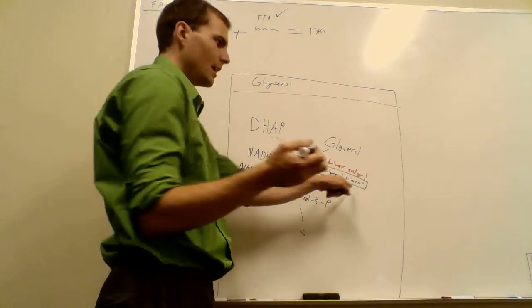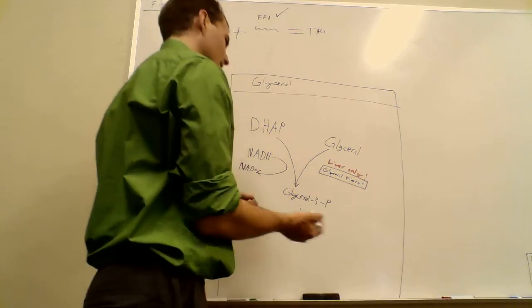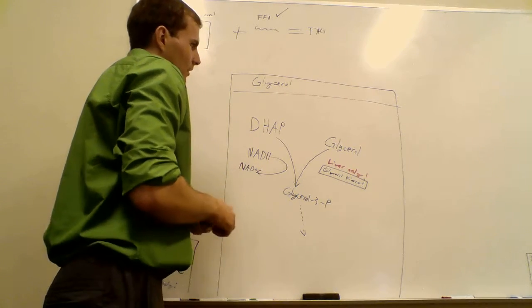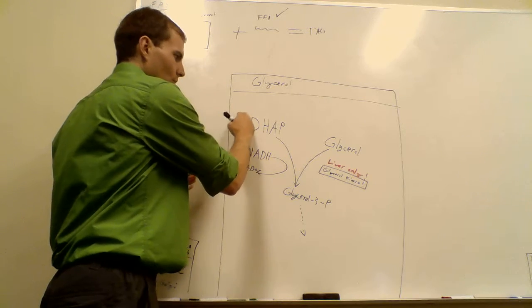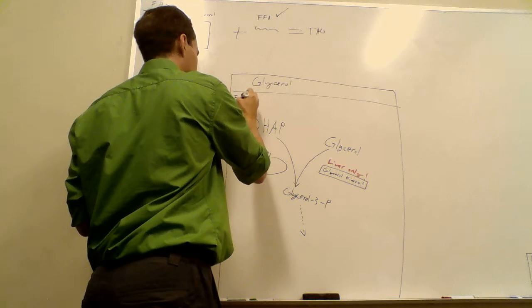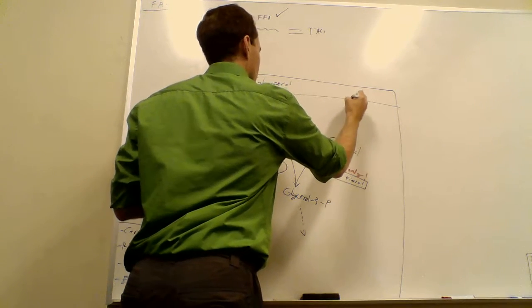And it makes sense that it's a kinase because kinases phosphorylate. Exactly. All right. So this one is going to be both fat and liver. This one is just liver.